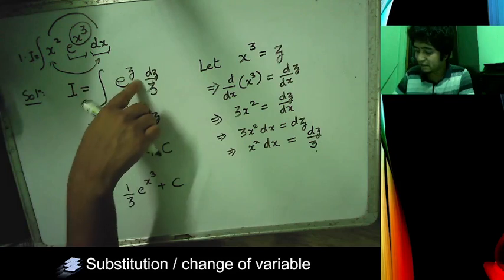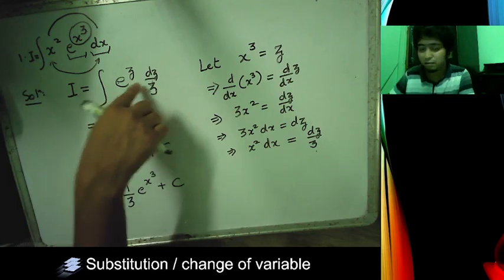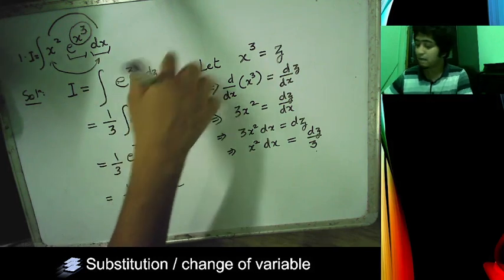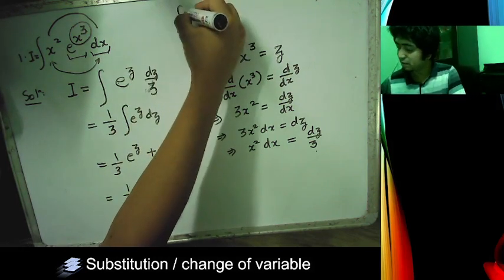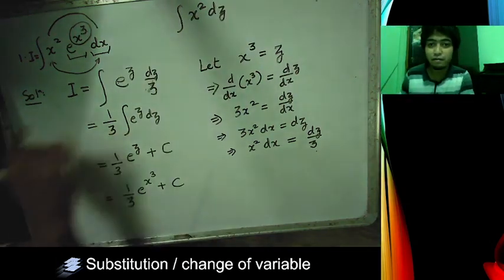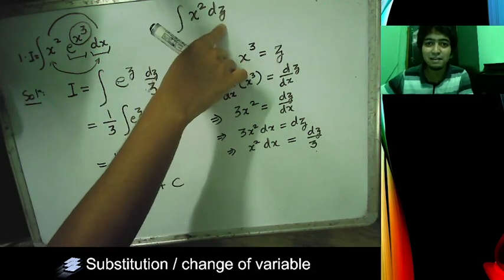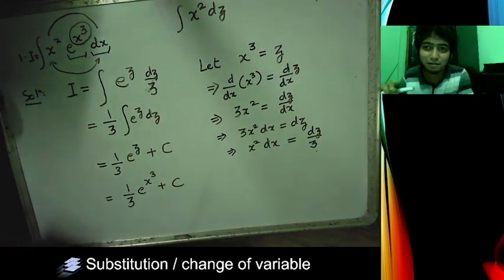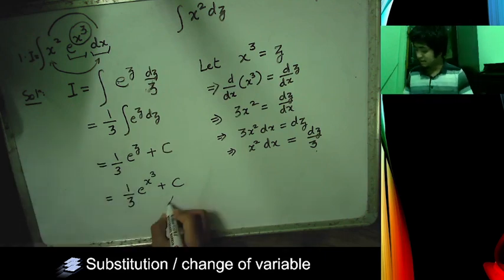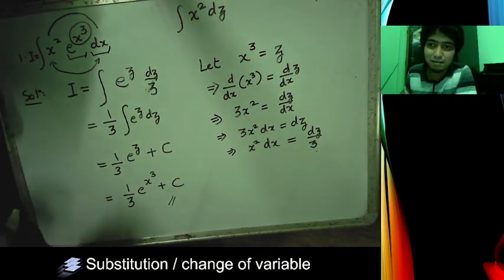When you are having z everywhere, ultimately you will have to change it in this one also into dz. Do not ever try to integrate something like this for now. When you are having x squared and dz, just know that there is some mistake in your calculation. So this is the solution of the first example.